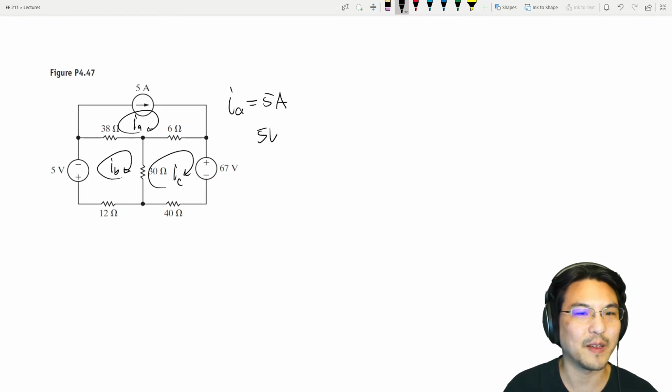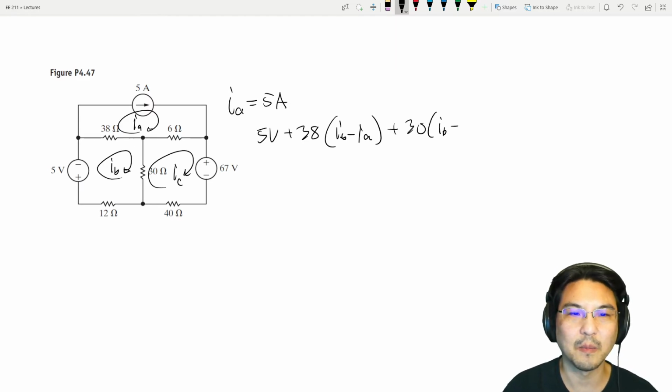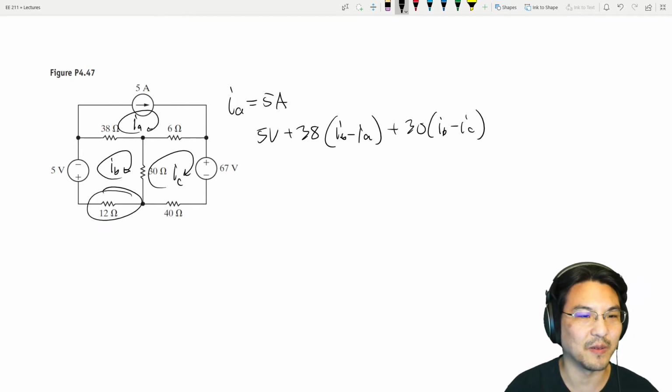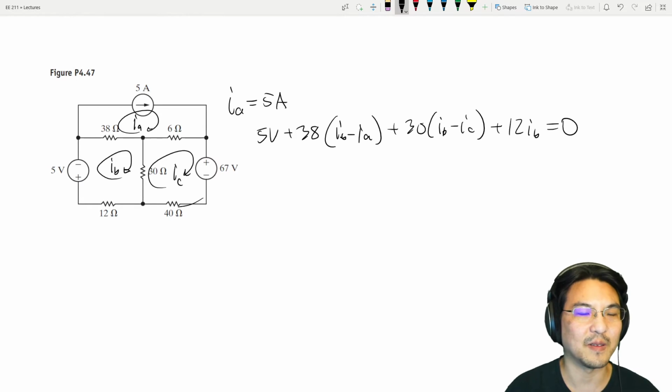Now let's say mesh B. Let me start here and I'll go clockwise. So 5, now over here going clockwise, 38 IB minus IA, over here, IB minus IC, now over here, 12 IB. Now let's go mesh C. Let me start right here and go clockwise.